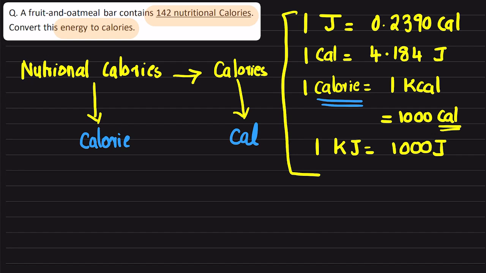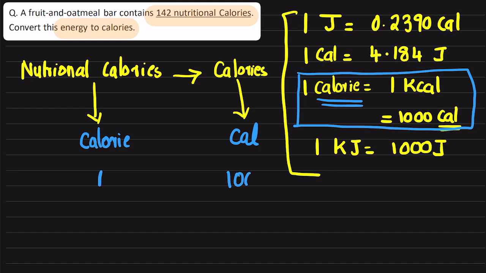Look at the table. What is the relation between them? Calorie to cal. So this is the relation. 1 Calorie equals how much cal? 1000 cal. Pick up the relation. 1 Calorie equals 1000 cal. They give 142 nutritional calories. So 142 nutritional Calories is equal to how much cal?